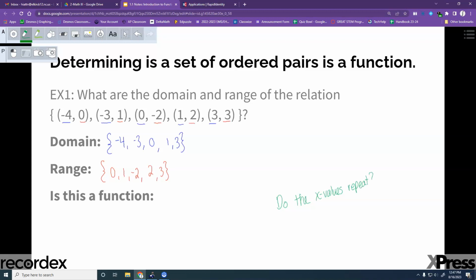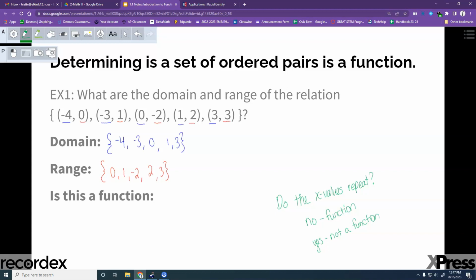If you have an x value that repeats, so you've got a -4, 0, and then maybe a -4, 2, then that is not going to be a function. If the answer to that question is no, they do not repeat, that is a function. If it is yes, they do repeat, that is not a function.